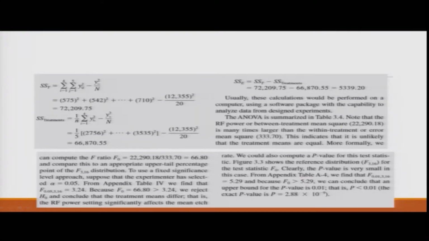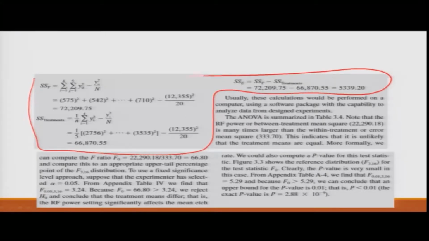How did we find these values? They are very clear in this table, and one can have a look. What I am trying to highlight is that the analysis can be done based on that experiment. Usually these calculations are performed on a computer using a software package with the capability to analyze the data. The ANOVA is summarized in the corresponding table.